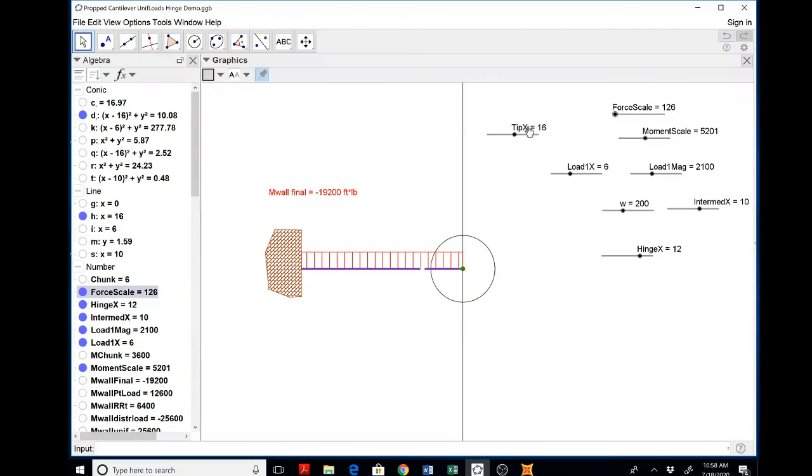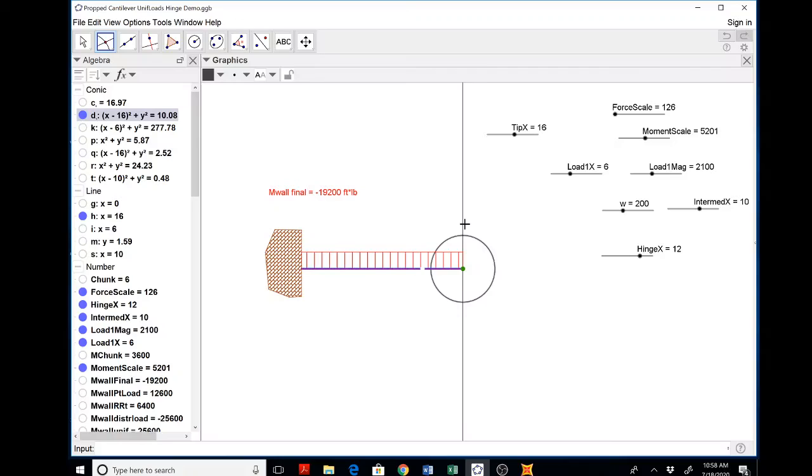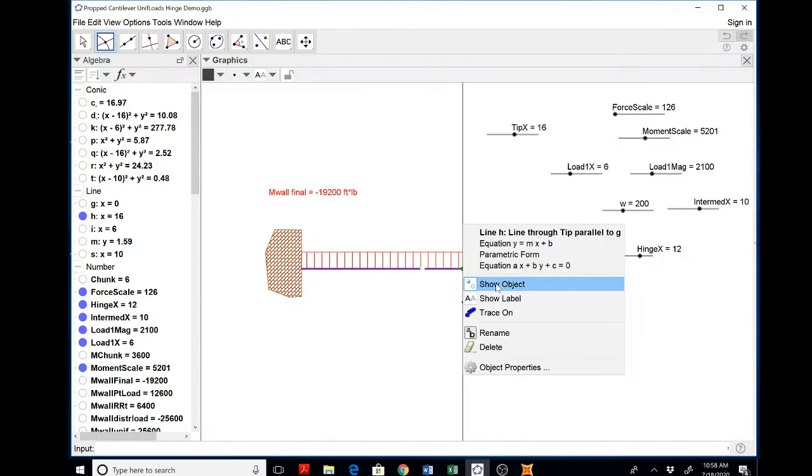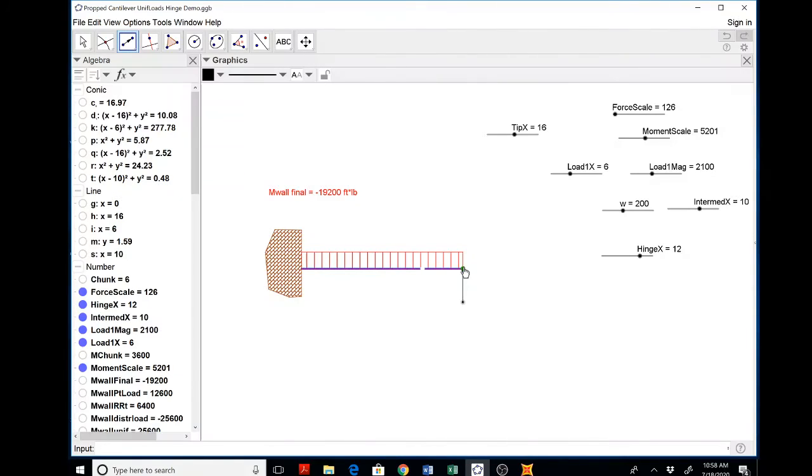Maybe a little small. Okay, and then intersect here. Hide this. Hide this. Hide this. Hide this. Put a vector in here. Make that vector big and red.